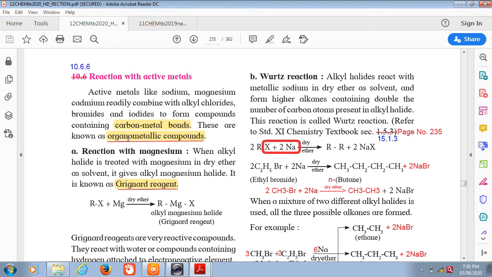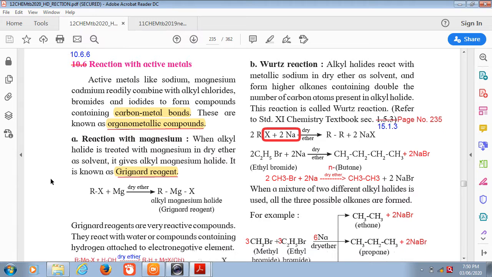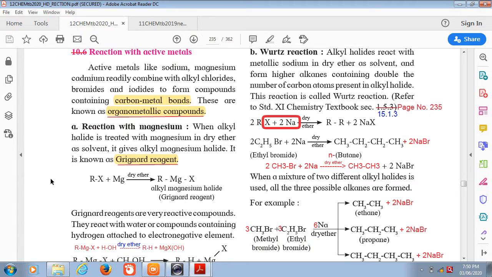So let us see first the reaction with magnesium. When an alkyl halide is treated with magnesium in the presence of dry ether as a solvent, it gives alkyl magnesium halide. Let us see the reaction.